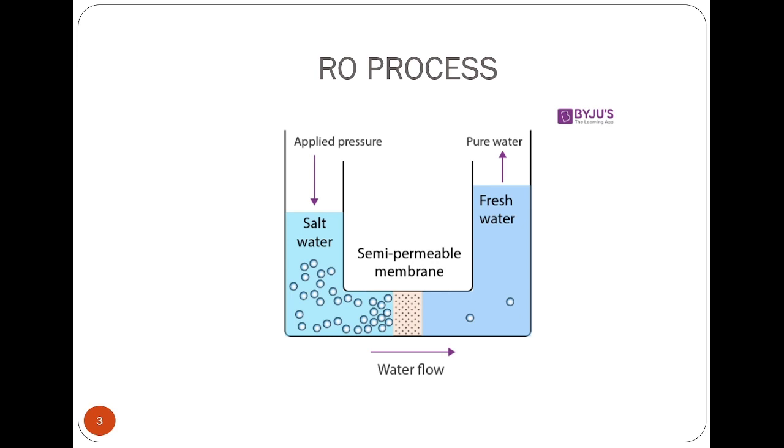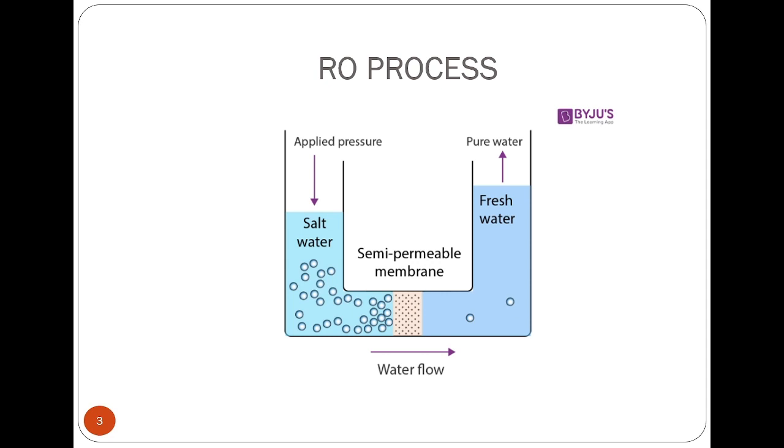When two solutions of different concentration are separated by SPM, and if the solvent moves from low concentration to high concentration, it is called osmosis. And if the solvent moves from high concentration to low concentration, it is called reverse osmosis.